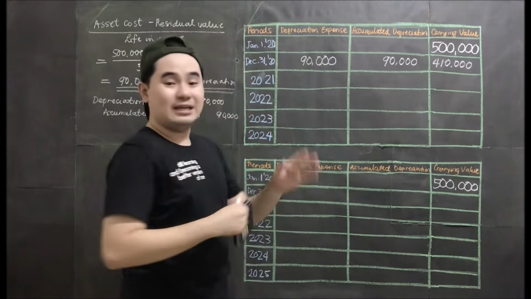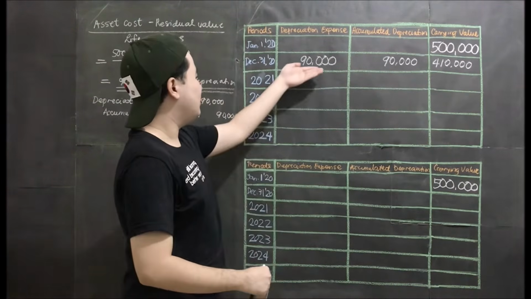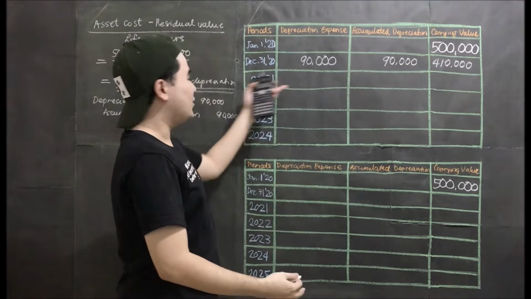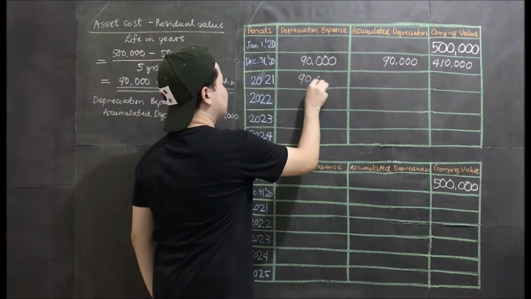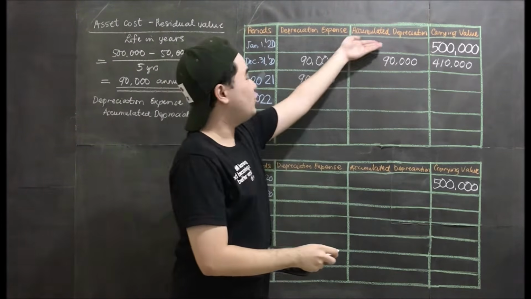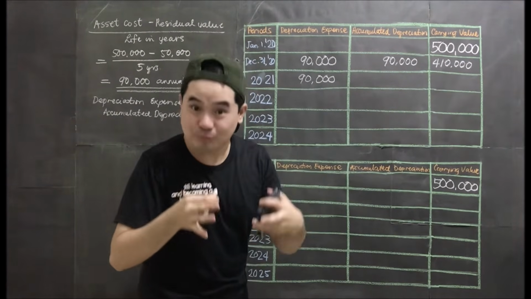So, straight-line depreciation is the most basic method because yearly it would just be 90,000. So next year, our depreciation would also be 90,000. And from the word accumulated, accumulate, na iipon siya.